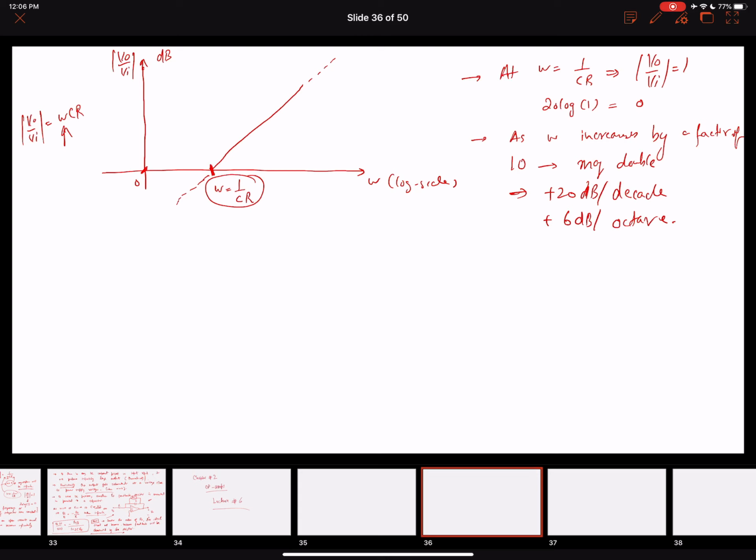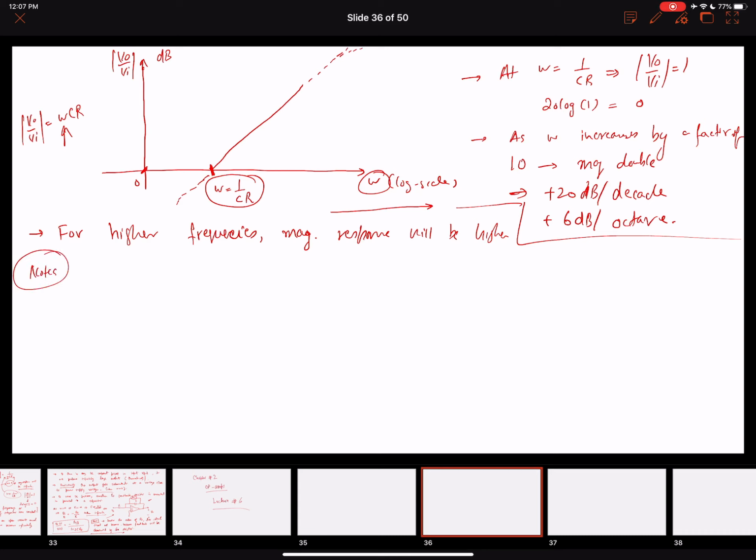The third thing that you can see from this magnitude response is that it is increasing linearly. On this omega scale, as you go higher in frequencies, the magnitude response becomes higher and higher.